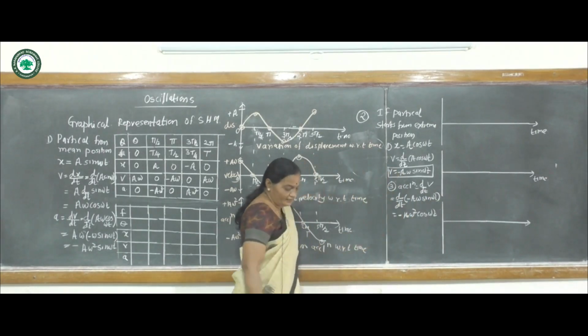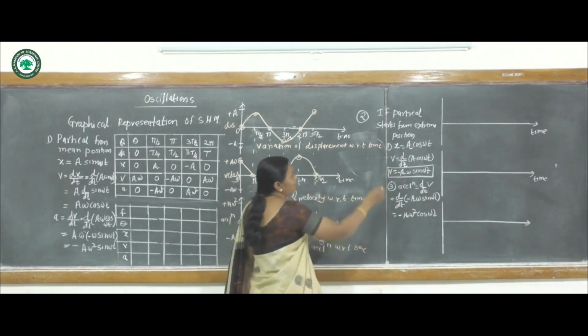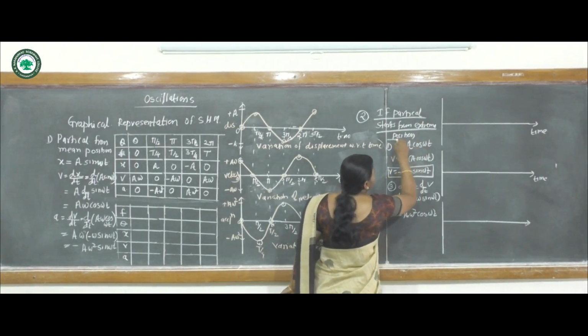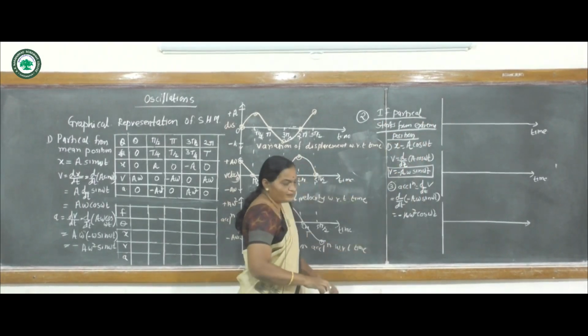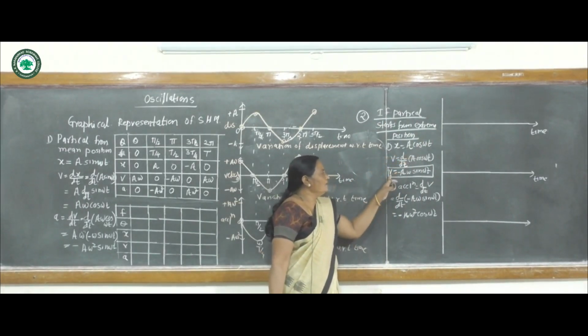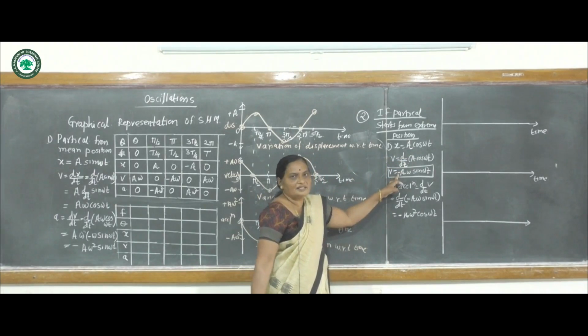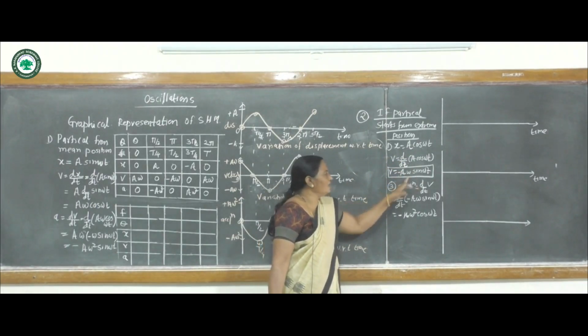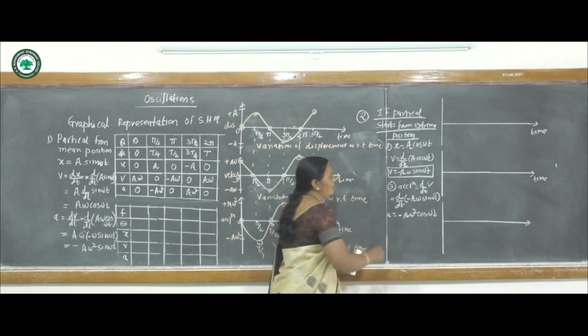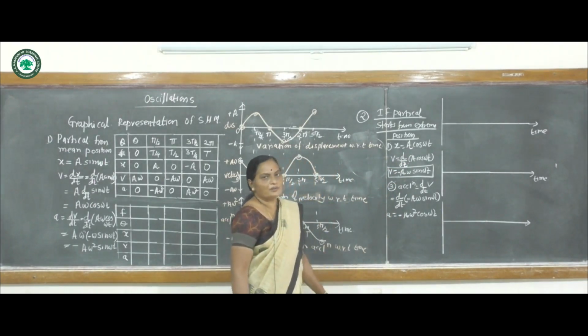So when the particle starts from the extreme position, x is equal to a cos omega t, velocity is equal to minus a omega sin omega t, and acceleration is minus a omega square cos omega t.